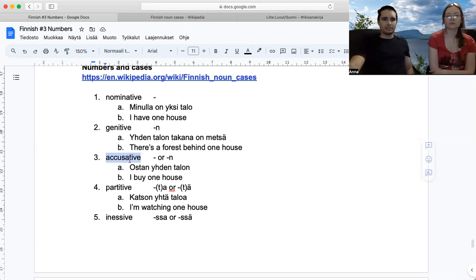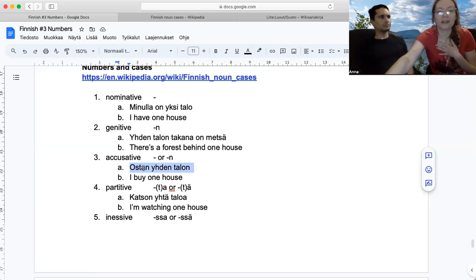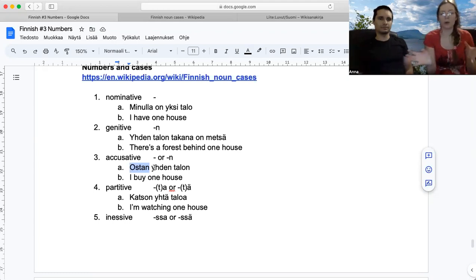Accusative: I buy one house. Ostan yhden talon. It's pretty simple here. Ostan is I buy, not you buy, not he buys, but I buy. Mostly you will need an accusative case when you're talking about the whole of something.